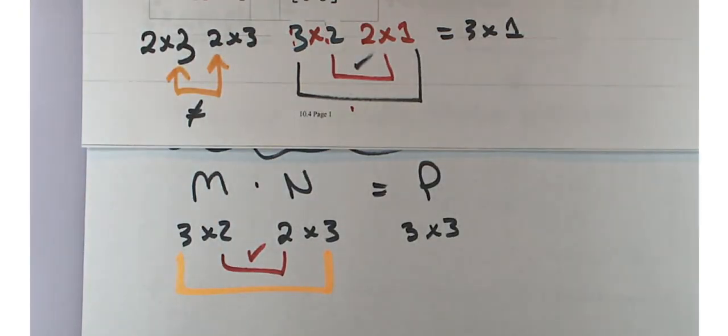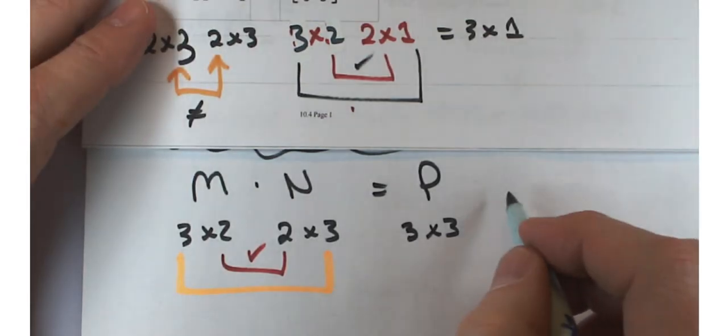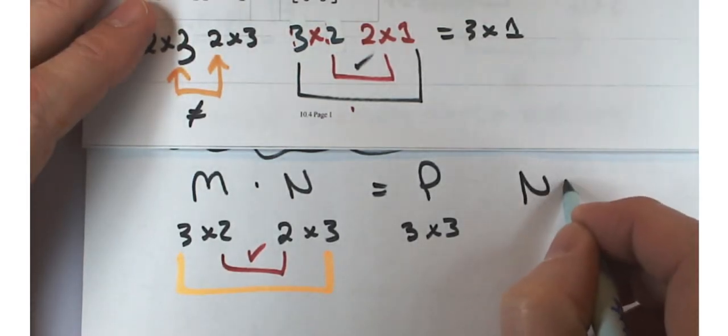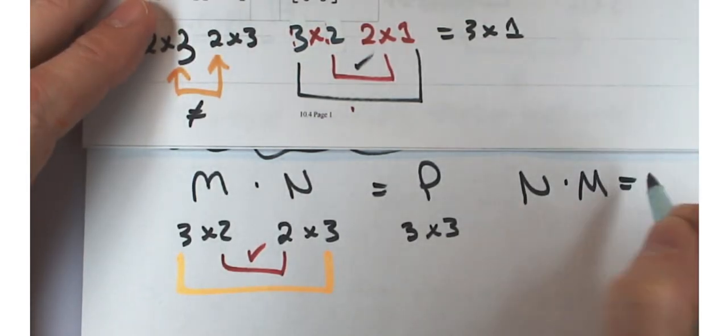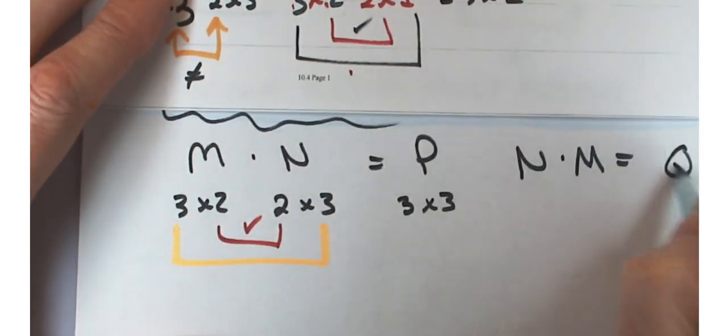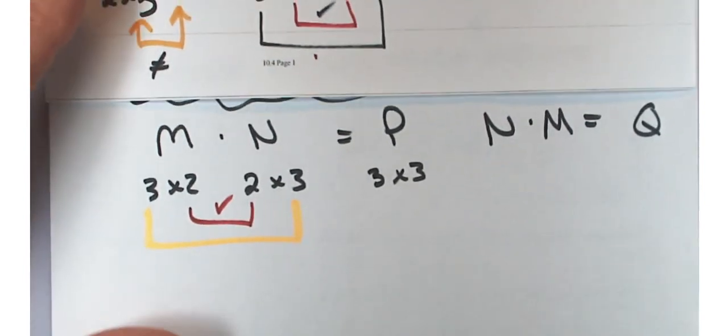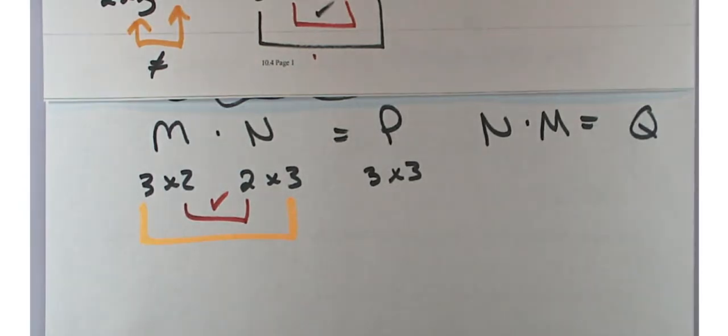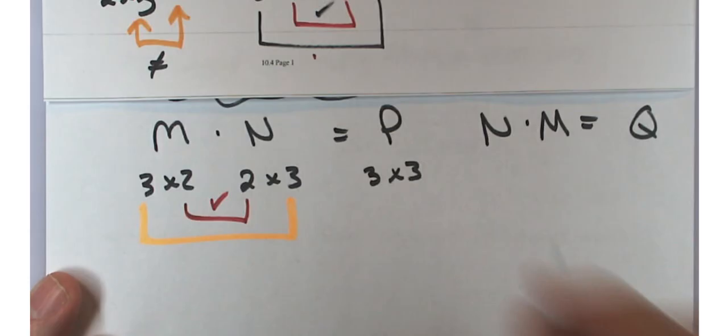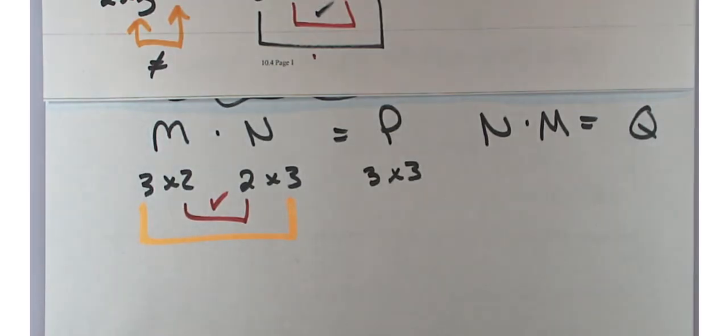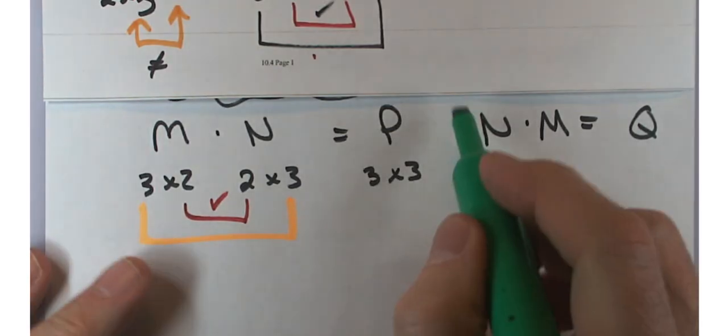But here's the weird part. What if I did N by M? We'll call that matrix Q. Go through and find the dimensions of the product here. So N is still a 2 by 3 matrix.